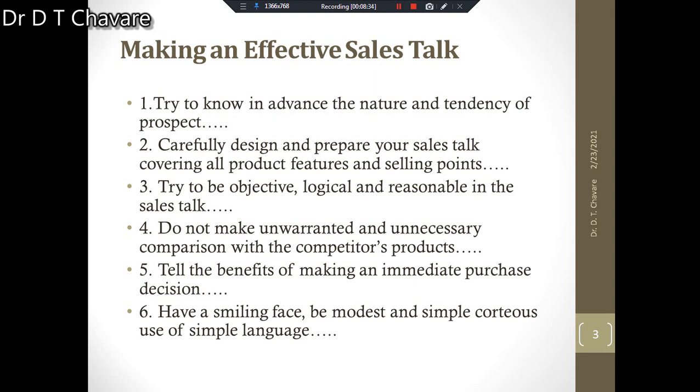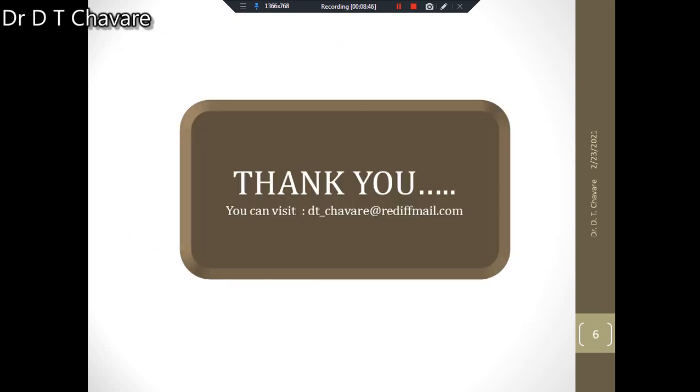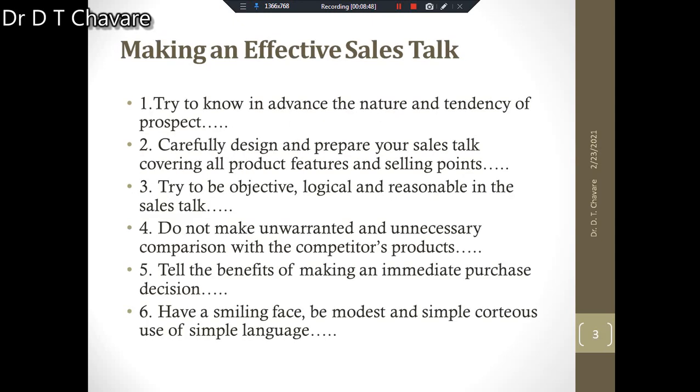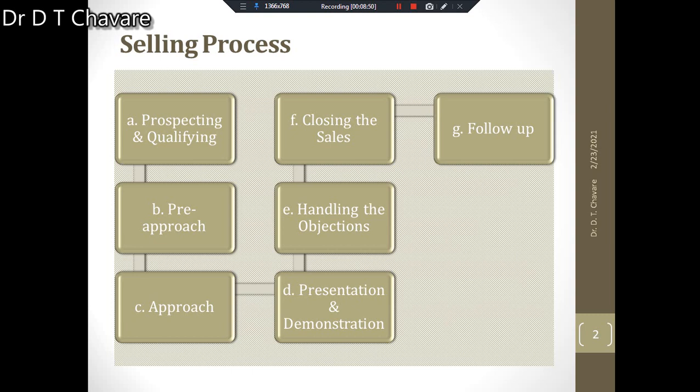This will help the company know whether these prospects can qualify to become regular and permanent customers later. For that purpose, you have to study this step. Then the second step is pre-approach.